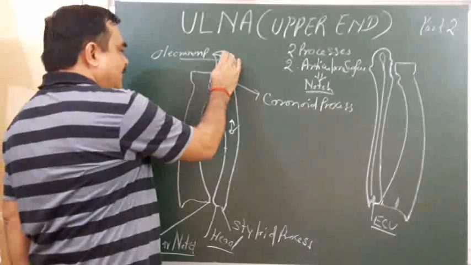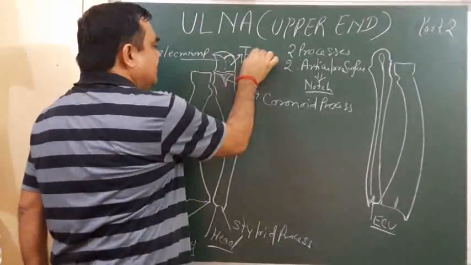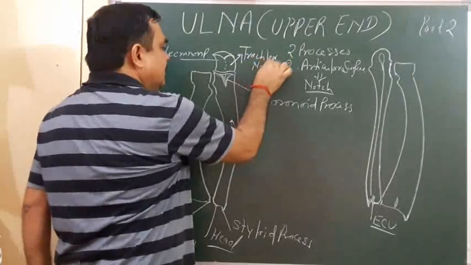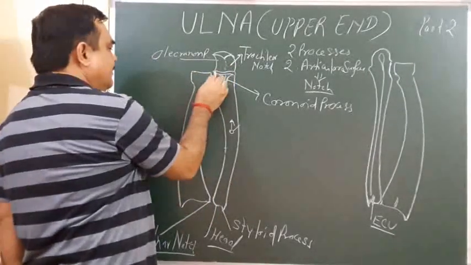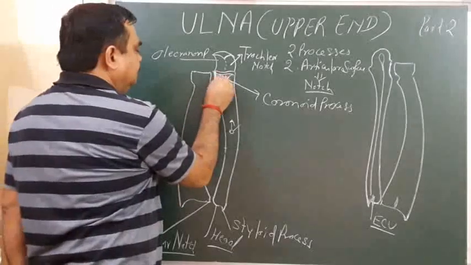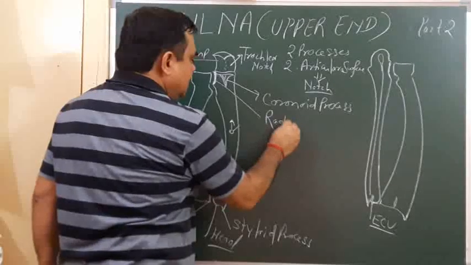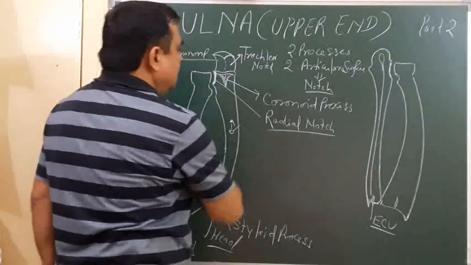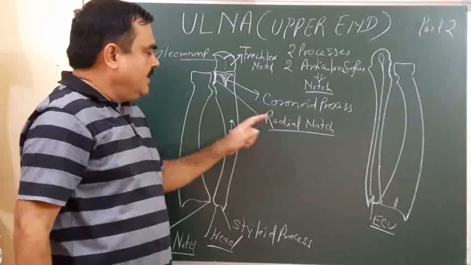And two articular surfaces. Here there is one articular surface, this is the trochlear notch. And here is another articular surface, this is the radial notch. So it has two articular surfaces: the trochlear notch and the radial notch.